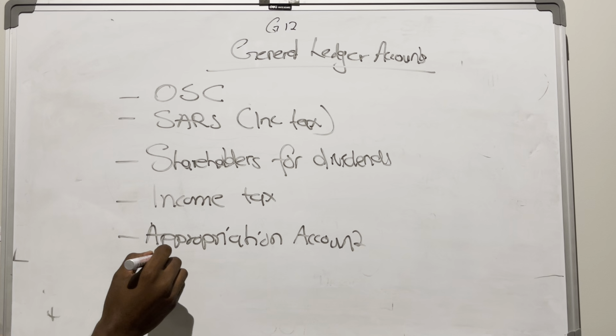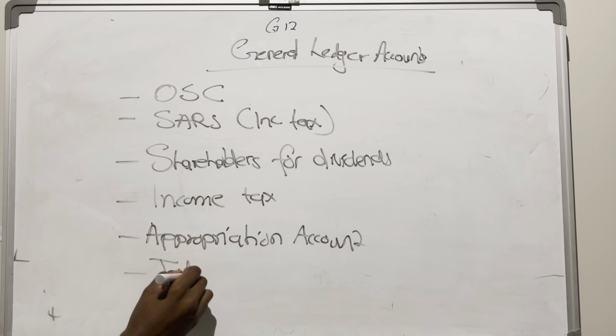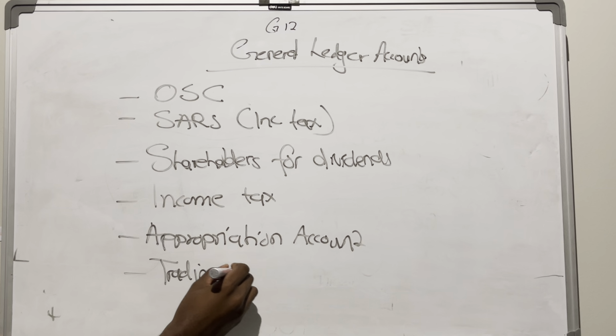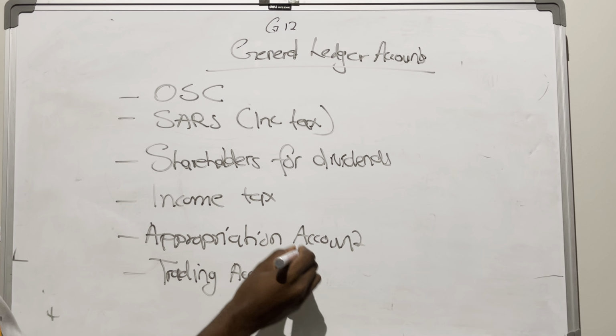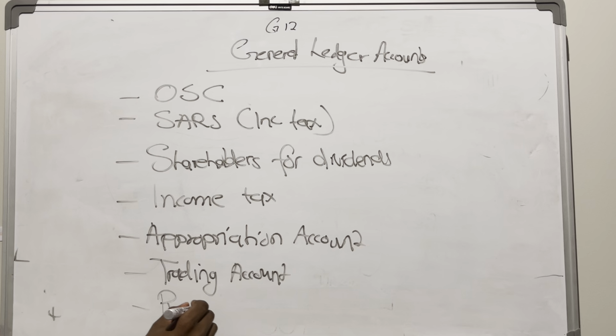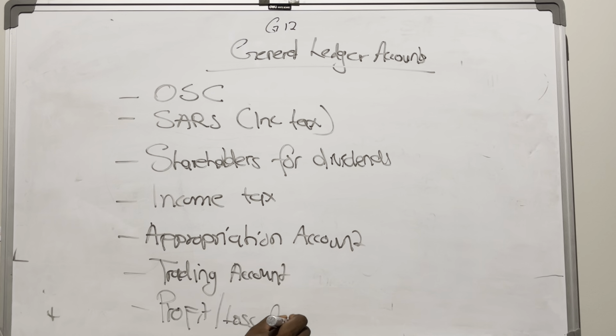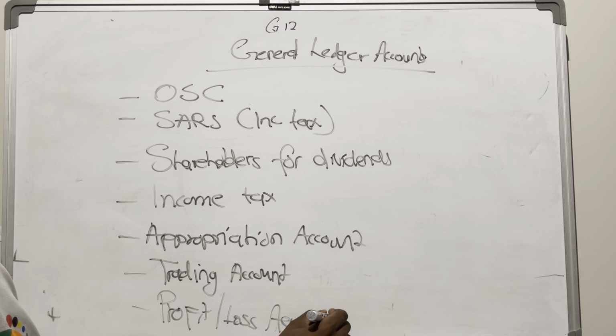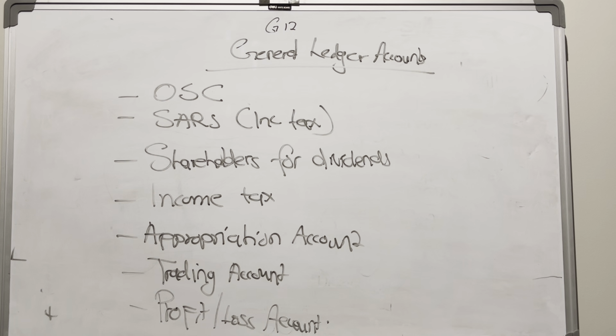We are looking at your trading account. We will be looking at your profit or loss account. These accounts are going to be vital for you throughout the whole year.